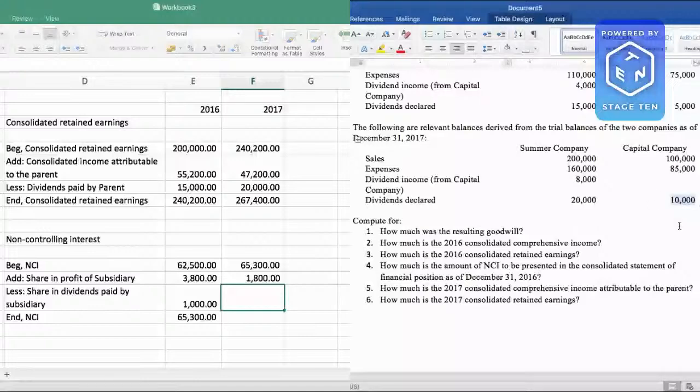How else are we going to make sure that it's really just 2,000? Because out of the 10,000, class, if you look at the income statement of the parent, it received 8,000. And it makes sense because the parent owns 80%. So out of the 10,000, 8,000 was given to the parent, 2,000 was given to the minority shareholders. Okay, so 2,000.